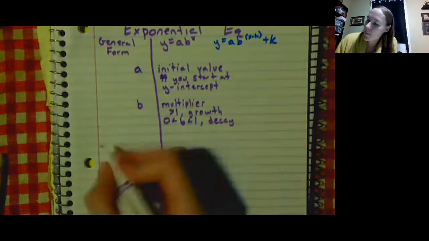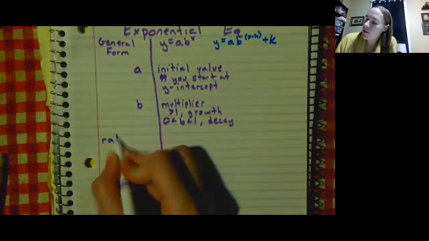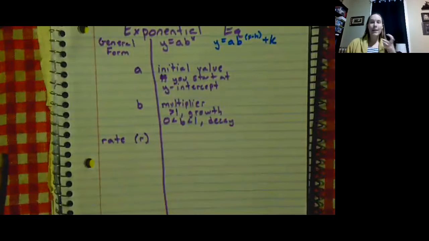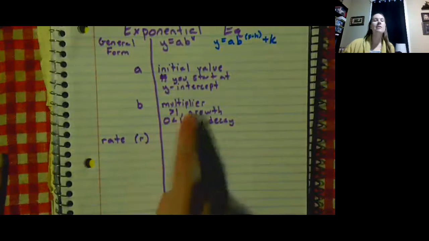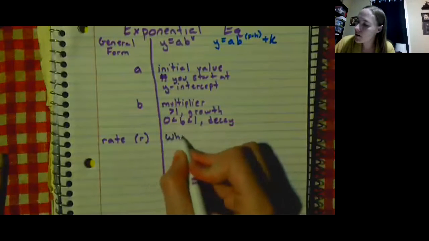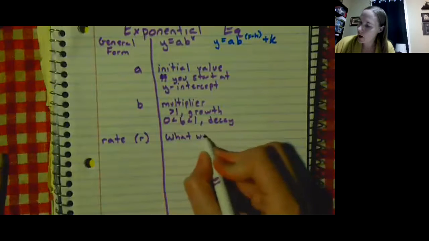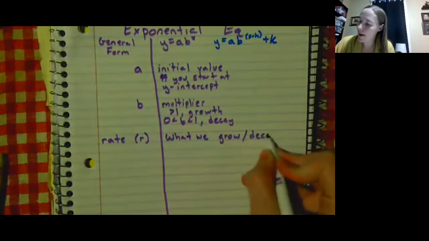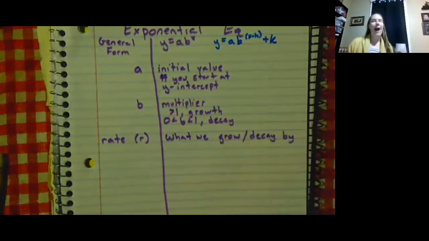We're going to introduce something called the rate, which will be r. And the rate is actually what percent we are growing by or what percent we are decaying by. So the rate has to do with the multiplier. It's what we grow or decay by, so it's that actual percent.